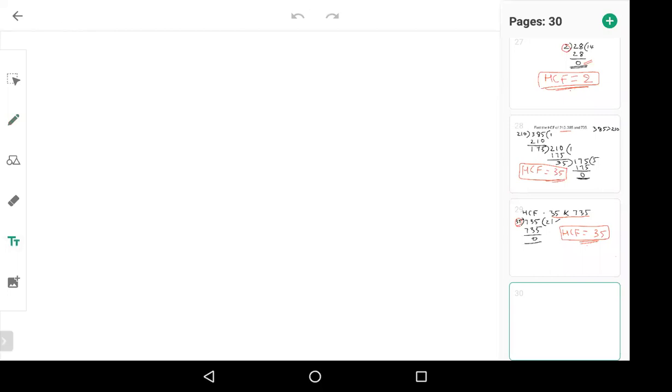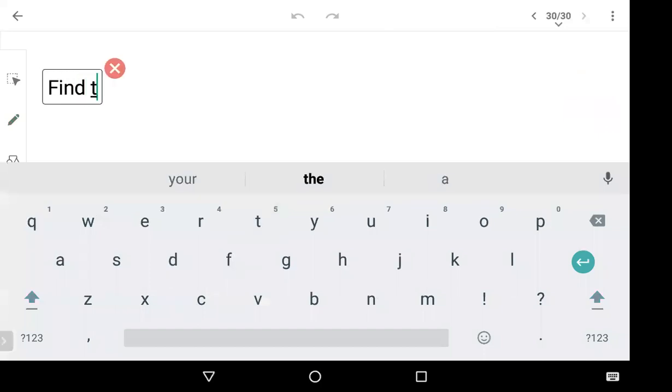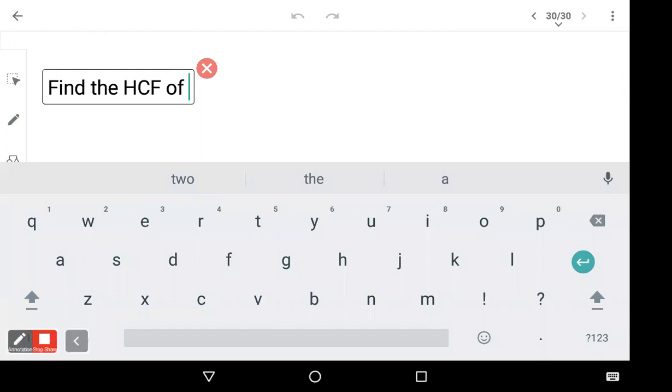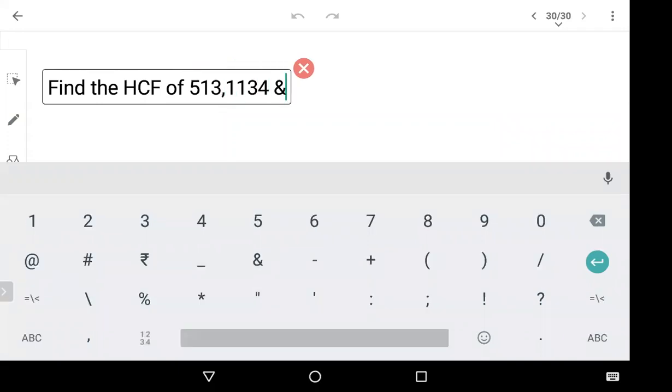Now next problem. Find the HCF of 513, 1134 and 1215.